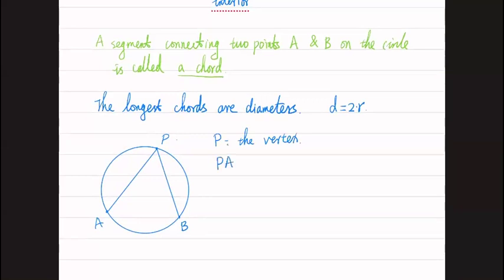PA and PB, two chords. We call this angle APB. We call it an inscribed angle.